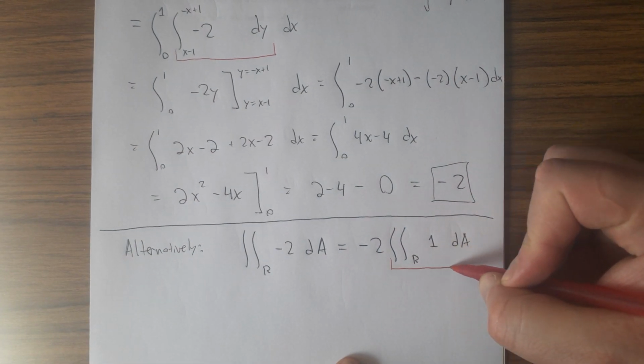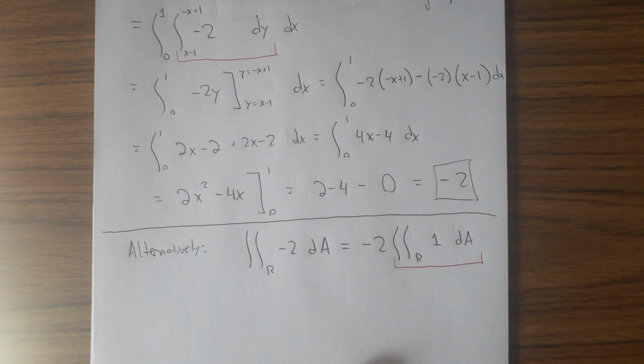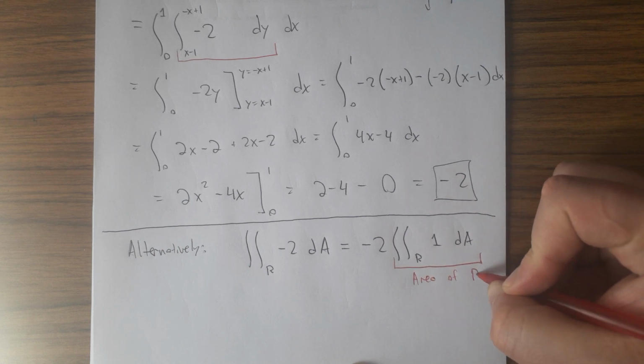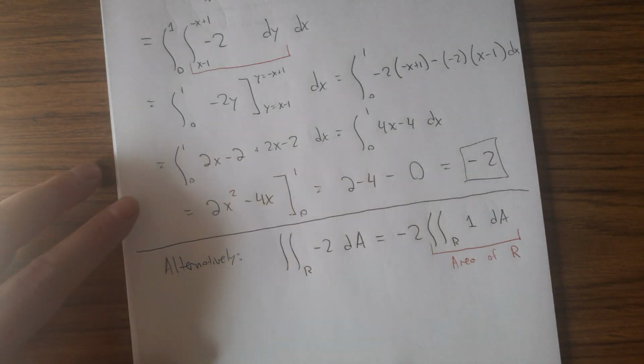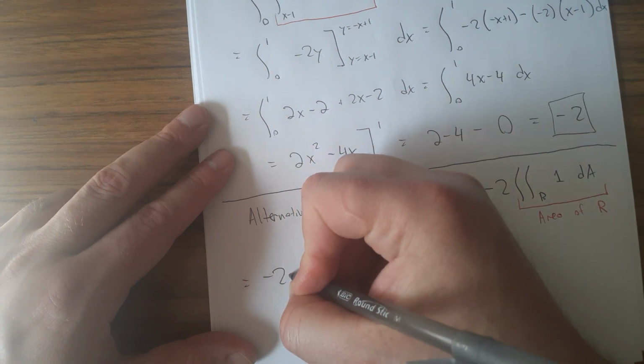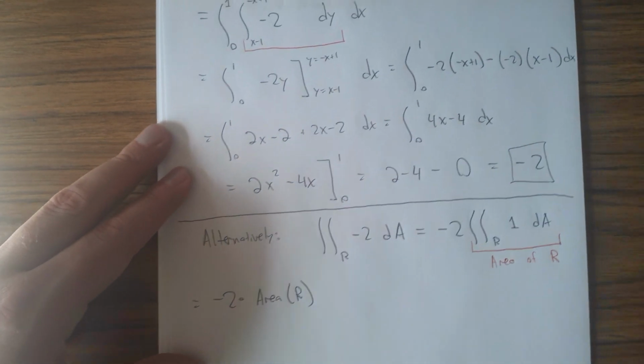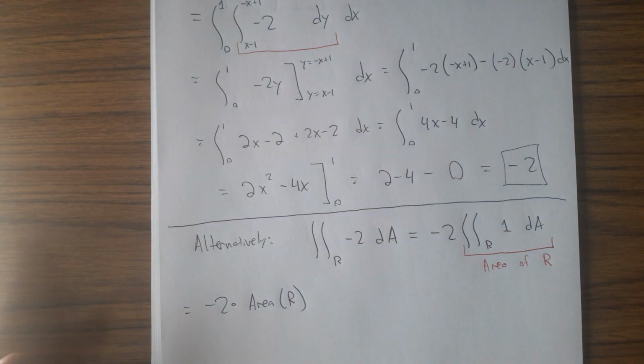If you have a double integral with just a 1 inside, that means that it's the area of the region. So this is going to be negative 2 times the area of R.